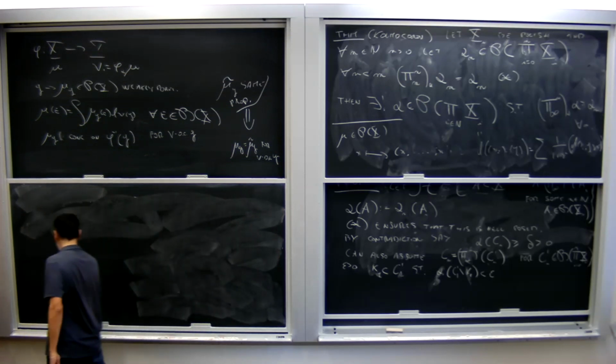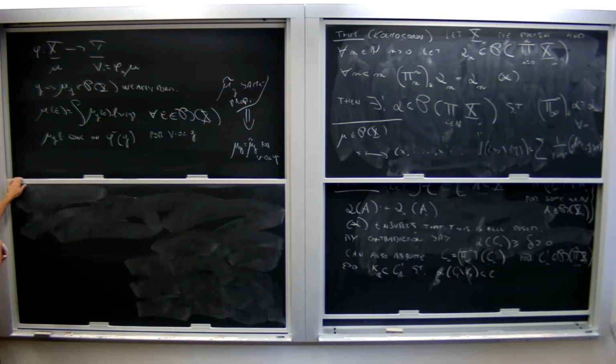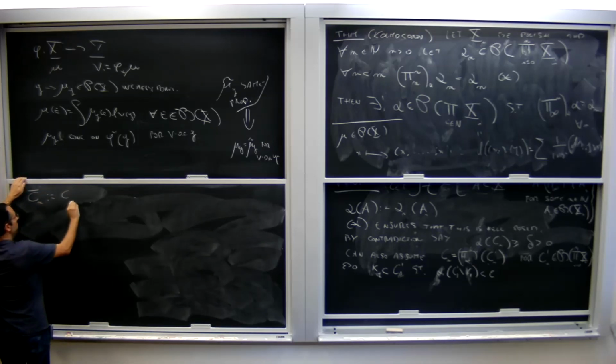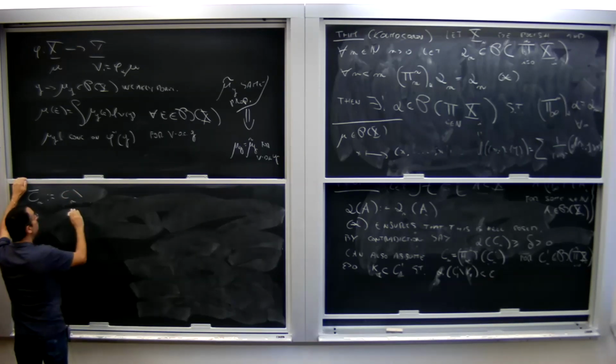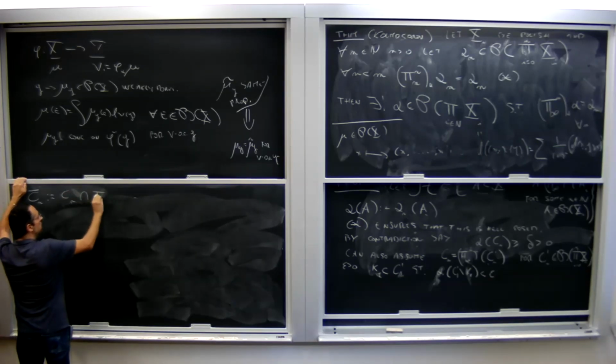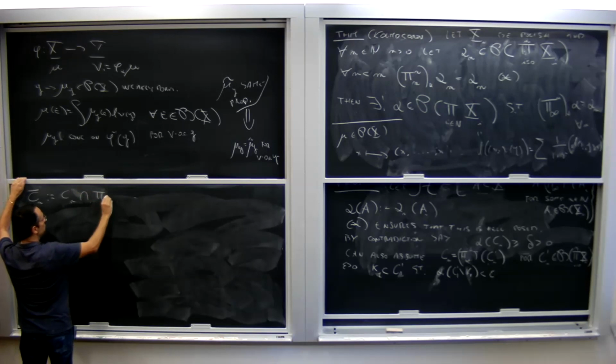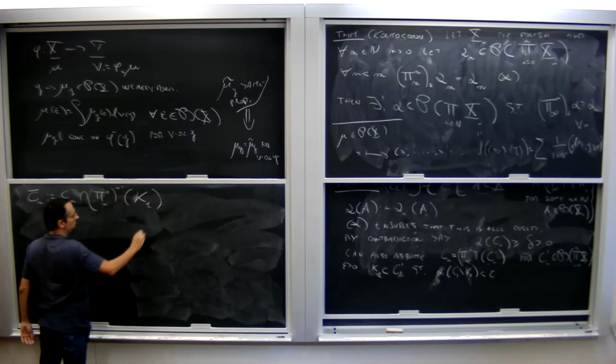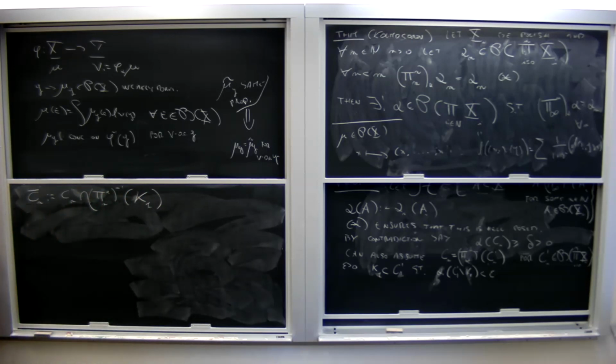Let me consider these sets, C_n bar. This is C_n intersected with the preimage pi_1 minus 1 of K_1. So what's the picture here?